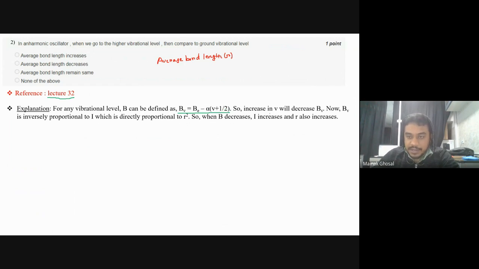So if there is an increase in V, it will decrease your BV. This is what I discussed in the last question: the fate of B as you increase V. So BV equals BE minus alpha into V plus half.